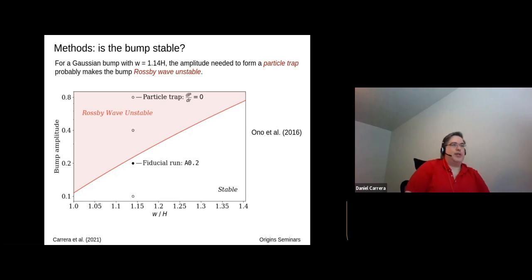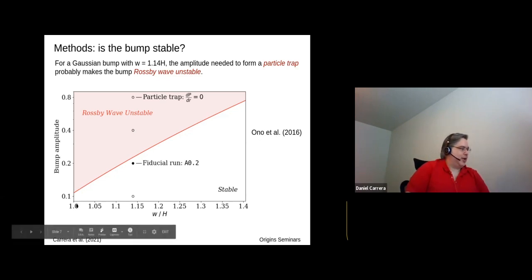So the best guide I could find for which bumps are stable or unstable came from Ono et al. So I have a really convenient, neat formula that I'm using. Applying their formula to our disk model, here we have the width of the bump relative to the scale height of the disk.